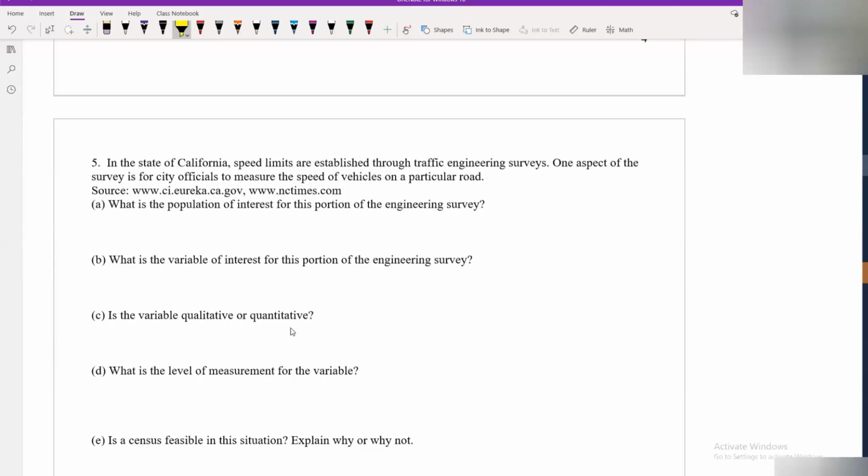Here they want to measure the speed of vehicles on a particular road. You only need to add all, right? So all vehicles that are on that particular road.